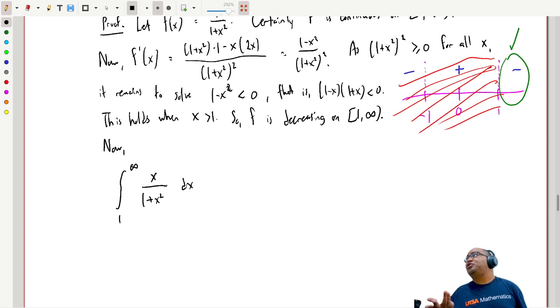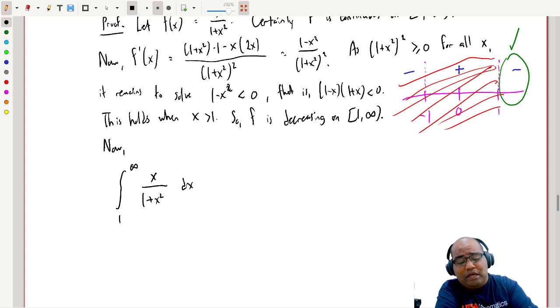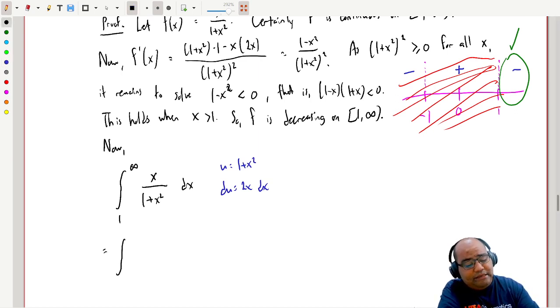You can go ahead and do a u substitution here, or if you've gotten used to it, you can kind of see the pattern already, but we'll go ahead and do the following. I'll write out what the u substitution is. u is equal to 1 plus x squared, and so du is 2x dx. Doing the usual stuff here, when we change variables, we'll have a 1/2 times du over u.